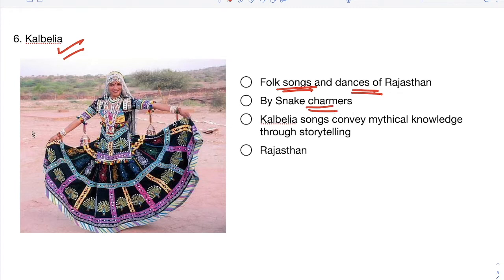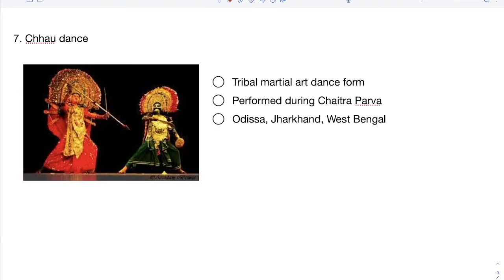So these songs are performed by the snake charmers of Rajasthan particularly, and they convey mythical knowledge through storytelling. They perform the dance form through storytelling, and the stories are mythological stories, performed by snake charmers.